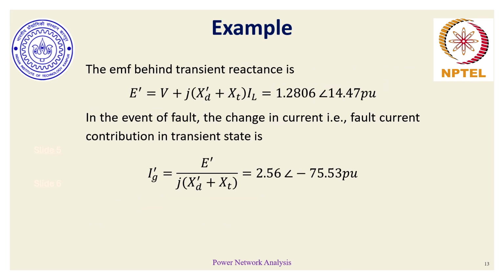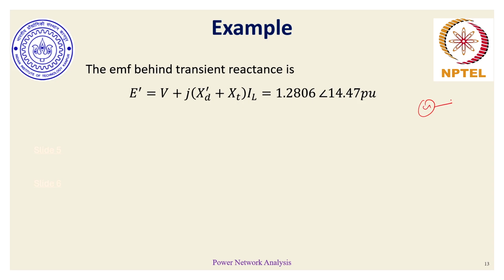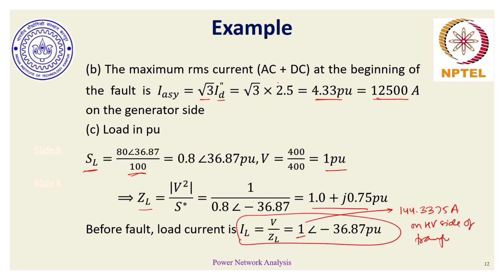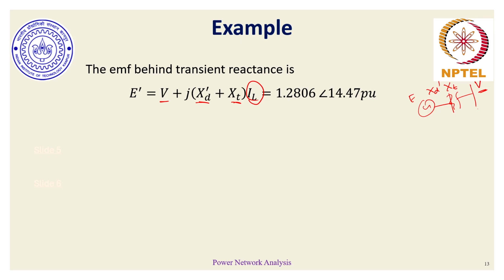So by using KVL across the terminal of a generator with a transformer and then a load, we'll use XT and XD dash to find the internal EMF with respect to the terminal voltage. The terminal voltage is 1 per unit, XD dash is 0.25 pu, XT is 0.25 pu. IL was the current flowing on the HV side of the transformer, which is 1 per unit. So you find the corresponding internal EMF of the generator in the transient period.